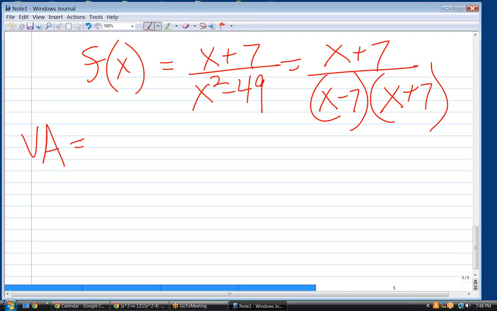Vertical asymptotes. 7. Holes. Negative 7. I guess you write that like that. That's kind of an odd way to write it, isn't it? Yeah.